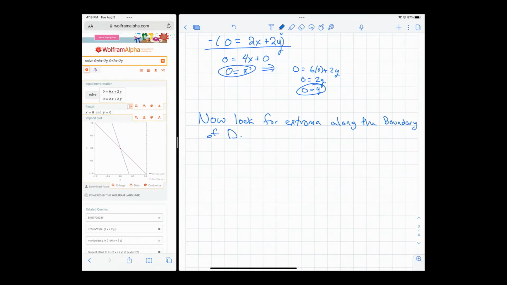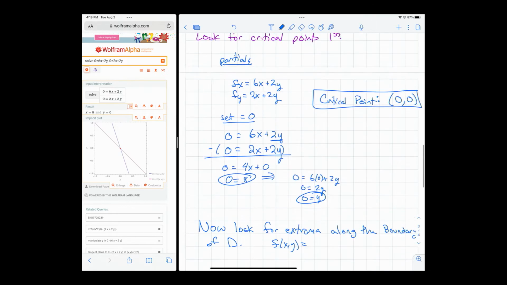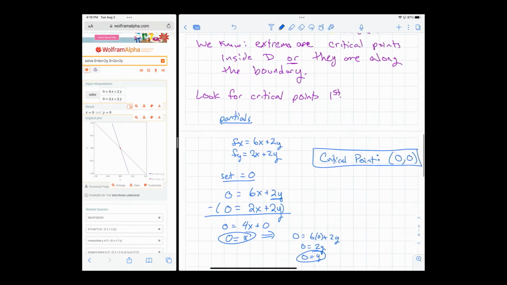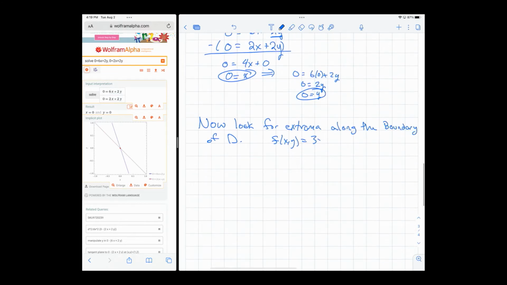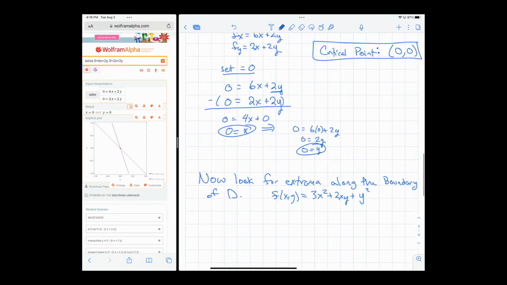That's why I did that at the beginning. So how would we do that? We look at our function. Our original function was f of x, y equals, I forgot it already, 3x squared plus 2xy plus y squared. Was that it? Yeah.